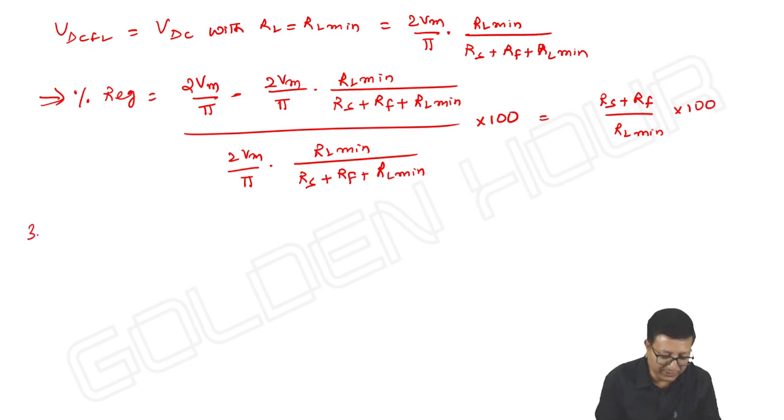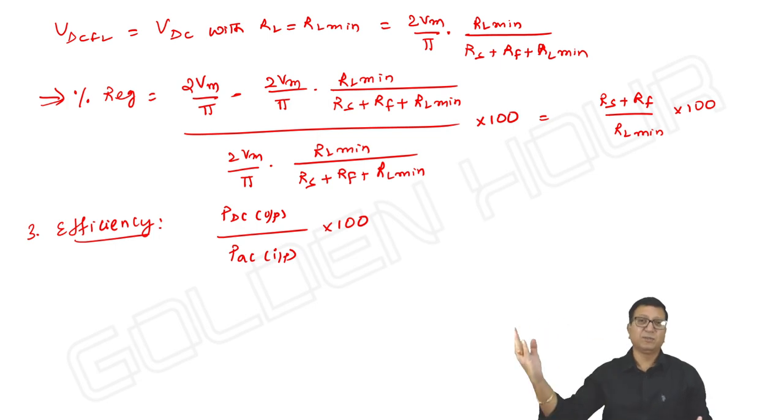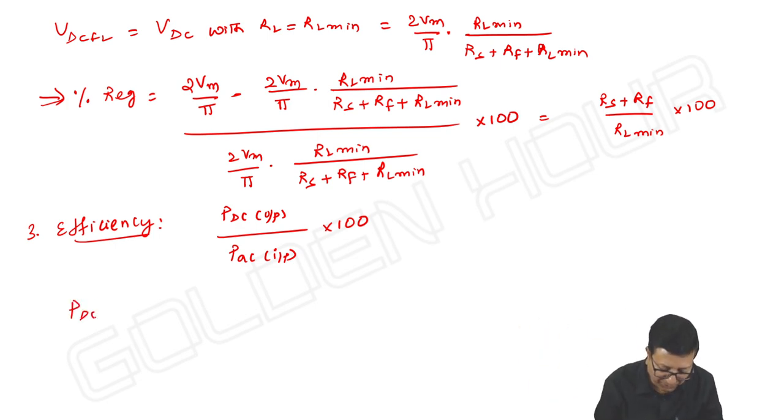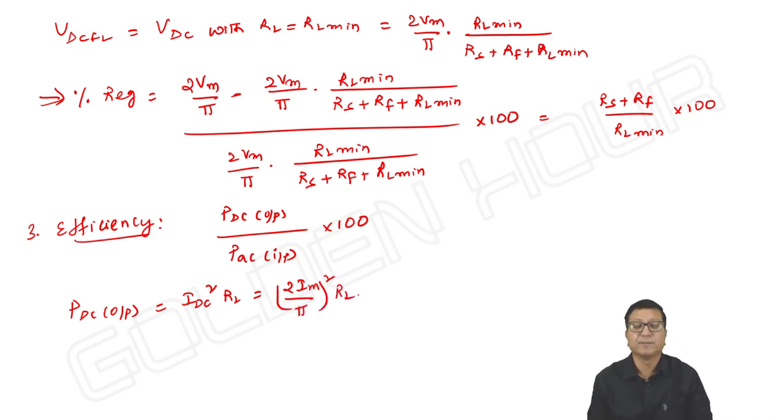And the third parameter is efficiency. It is given by the DC power delivered to the load divided by the AC input power. Conversion efficiency, how much AC is converted into DC. So DC output power is given by IDC square into RL, where IDC is 2Im by pi, whole square, into RL. Next, AC input.